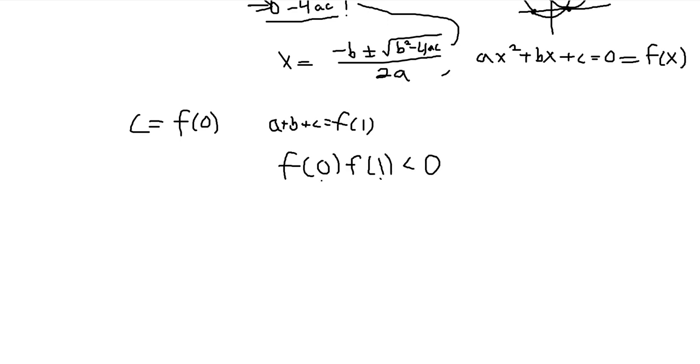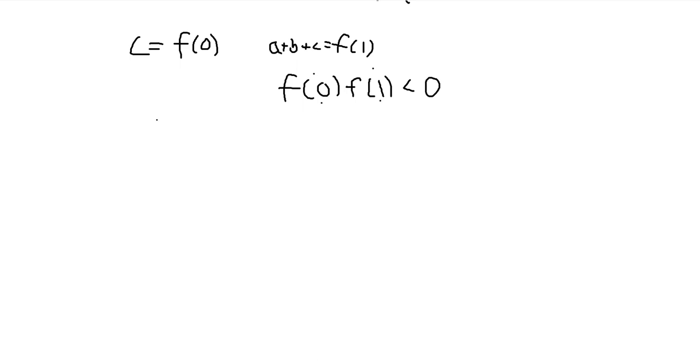And for the product of two real numbers to be less than 0, one of them has to be greater than 0 and one of them has to be less than 0. So if we were to plot this quadratic, let's consider the case where f of 0 is negative, then f of 1, say somewhere over here, has to be positive.